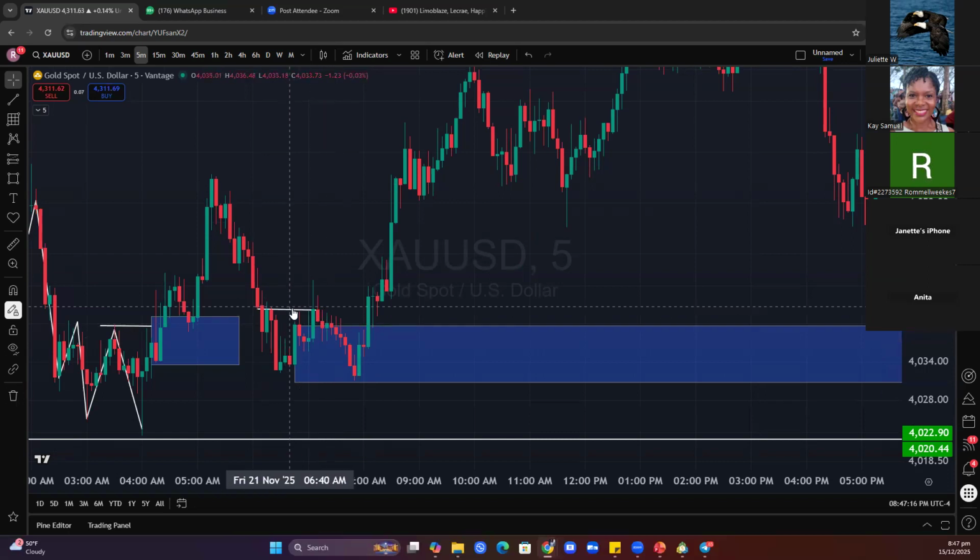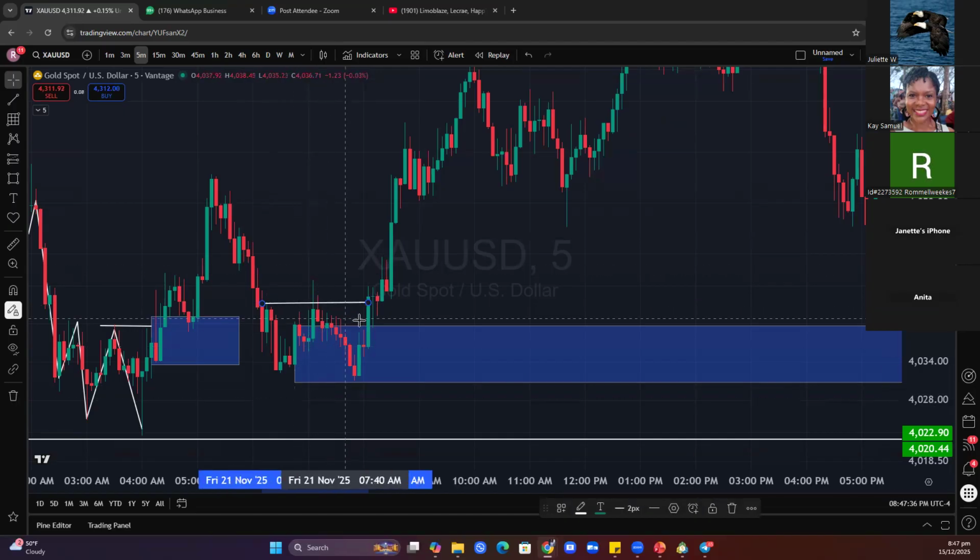Yeah, we got some as a wick. So we want a clean break above, which would have been here. So this is your break here. Price came, broke above.